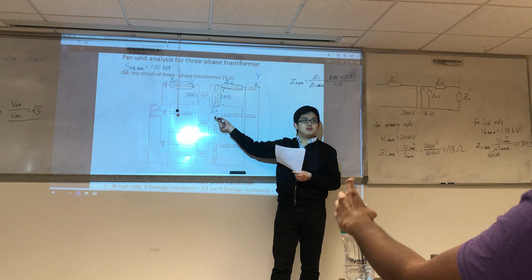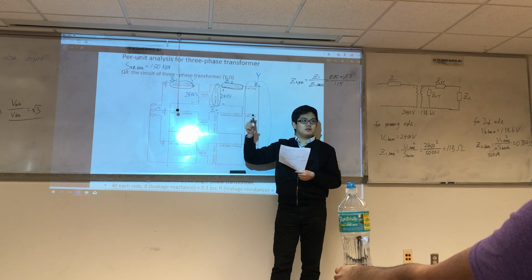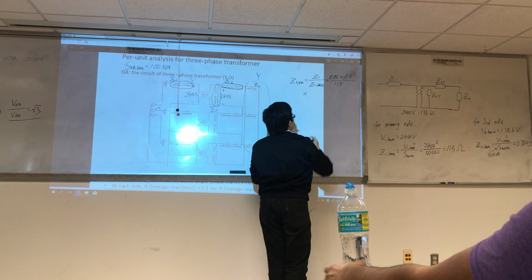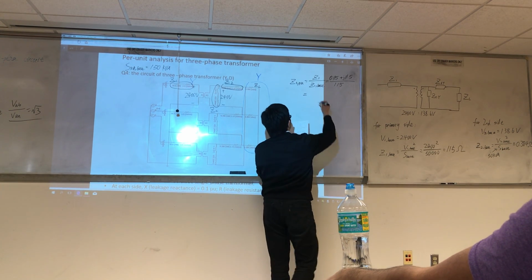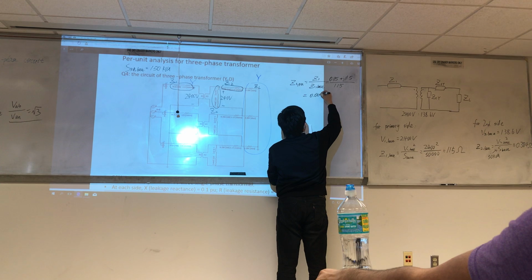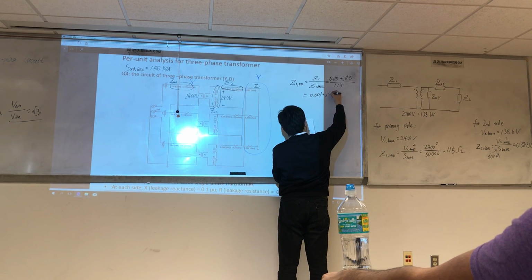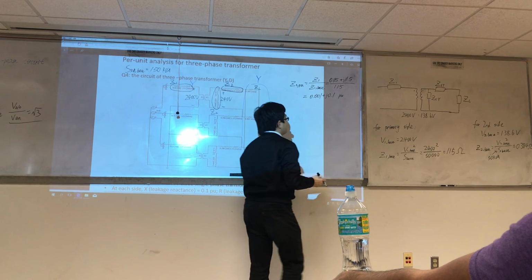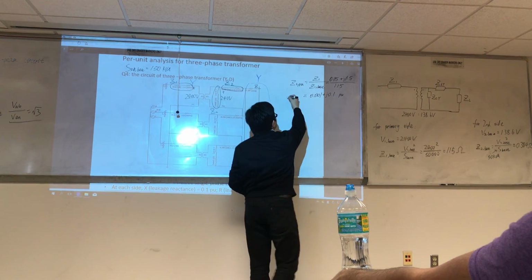Any questions? Okay, so the per unit value for the Z1 is 0.001 plus j0.1 per unit. This is the primary side.